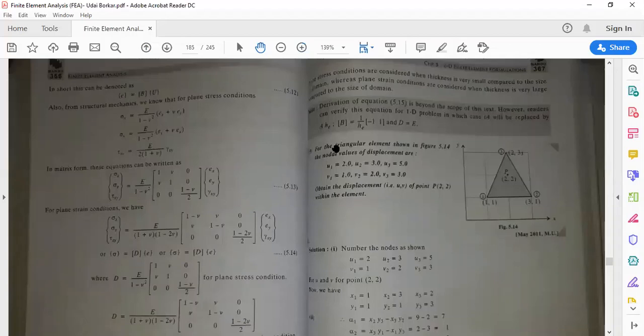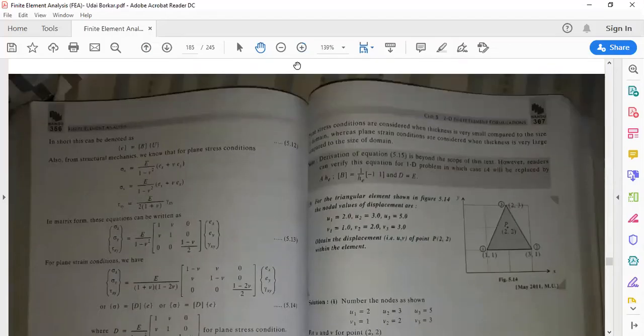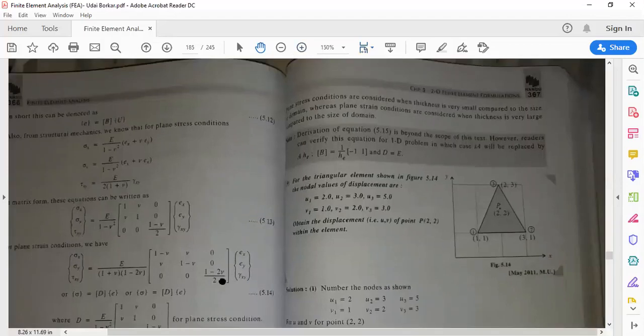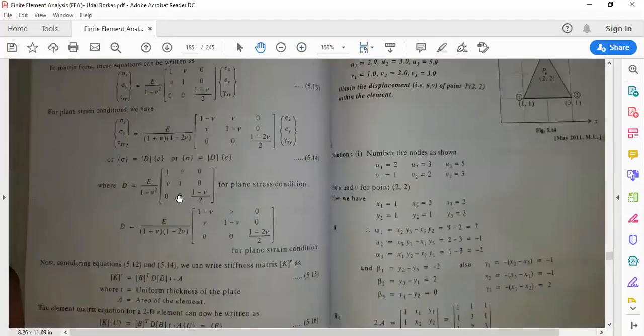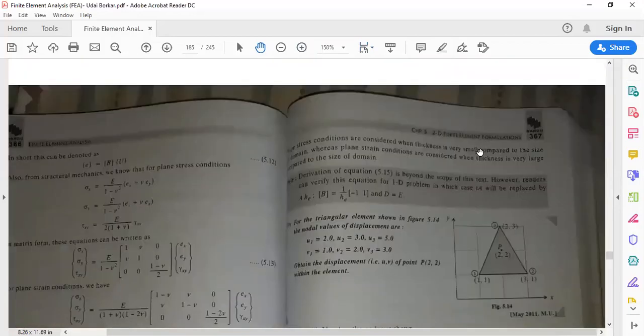Remember, the plane stress condition is considered when there is a very small thickness compared to the size of the domain. Like in the case of pipes, the pipe length is big and the thickness of the pipe is small, then in that case you have to consider the plane stress condition.